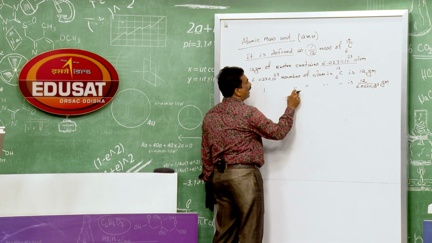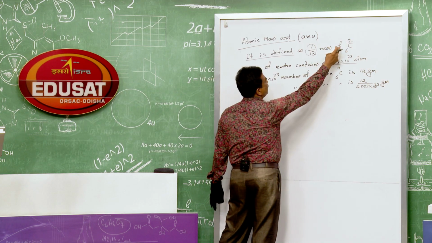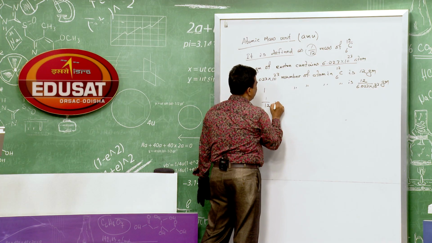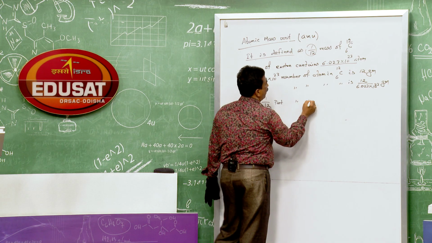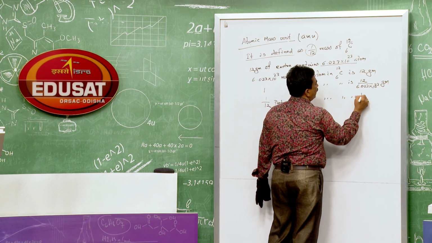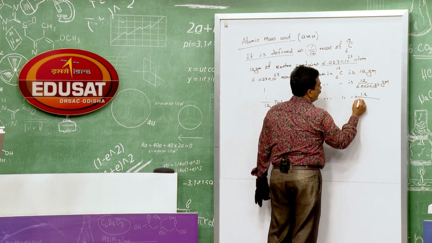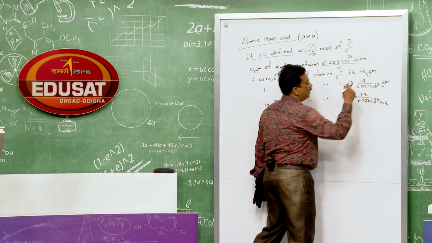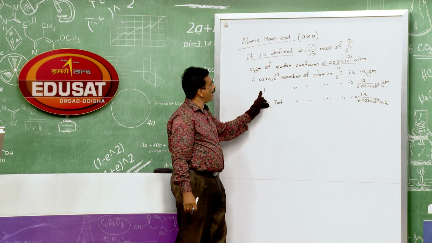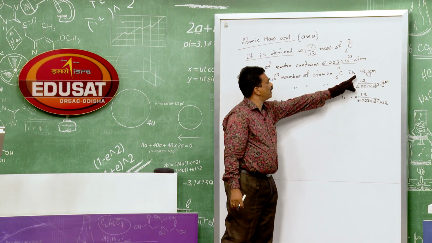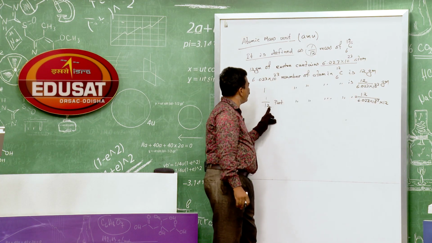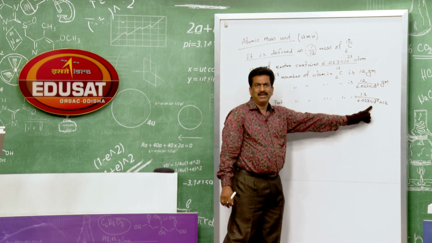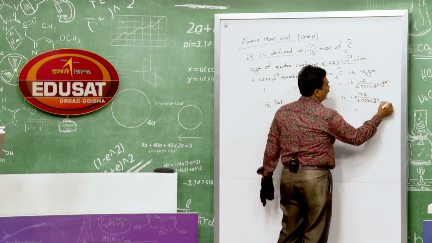And for 1 unit, the 1/12th part of C-12, the mass is 12 by 6.023 into 10 to the power of 23 into 12, because 12 gram contains this number. So 1/12 part will contain this much of 1. Means this 12 will cancel.